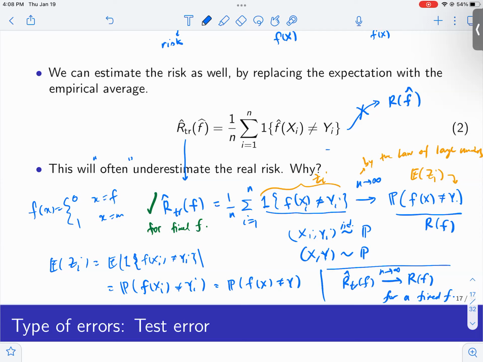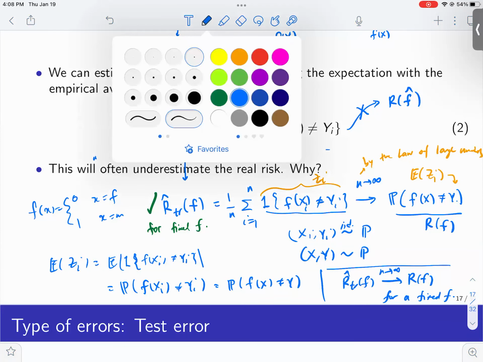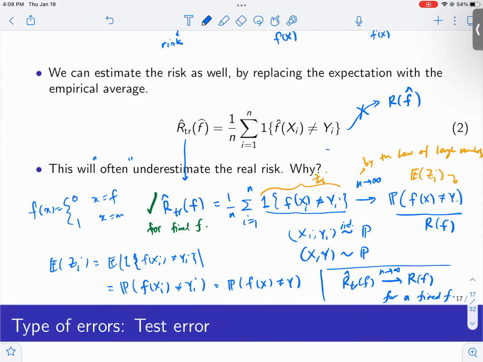So the idea is correct. If f hat is your classifier that you learn from the same data, this is going to depend on all the data. So f hat, I'm going to write it like that.